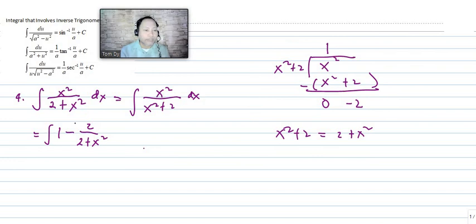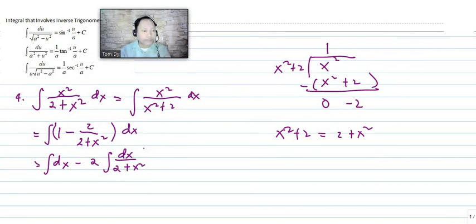They are the same. And then we have here our dx. Then distribute dx. We have the integral of dx minus 2, I will write the 2 first, and then the integral of dx over 2 plus x squared. For this one, of course, the integral of dx equals x.